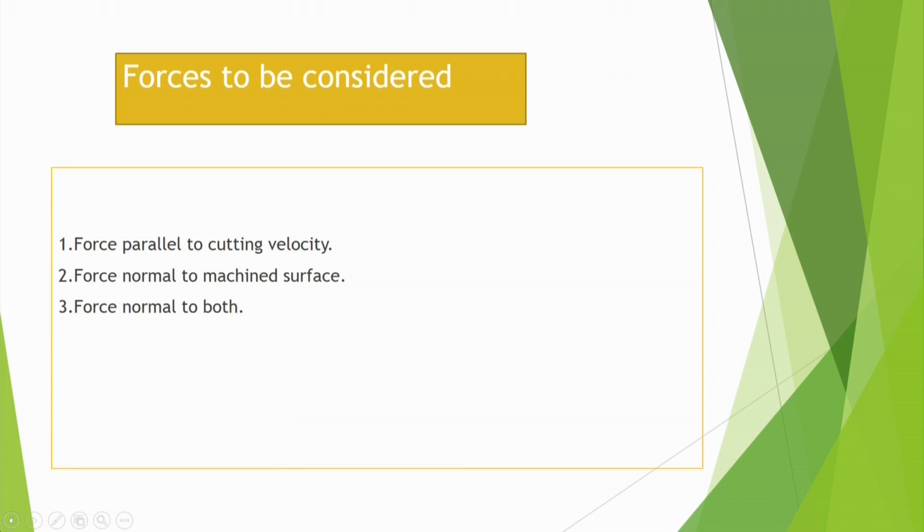Like in the lathe machine, one is the cutting force that is tangential to the direction of motion; the job is rotating and it is tangential to that. Then we have one force in the feed direction, and one force of course in the radial direction also.